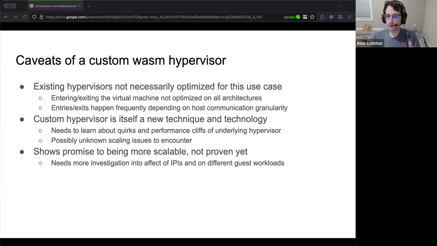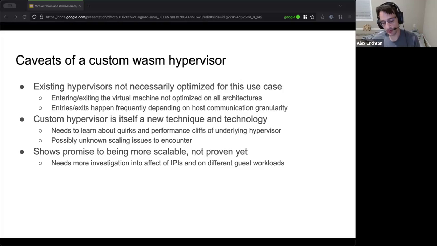I've been hitting various performance cliffs and various little weird things, like if you're entering and exiting virtual machines very rapidly, that's not necessarily very well optimized. It works better on some architectures and not others. So there's still work to be done here, I think, on the native side of things. Nothing to say it can't be made better, but it's certainly something to be aware of.